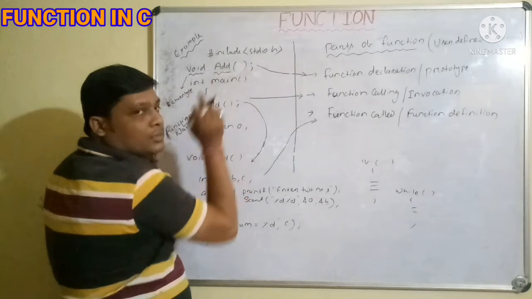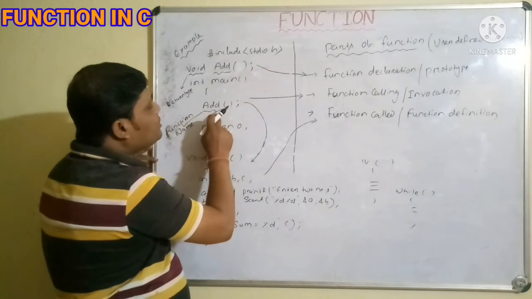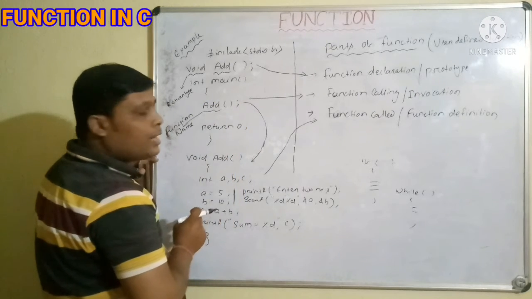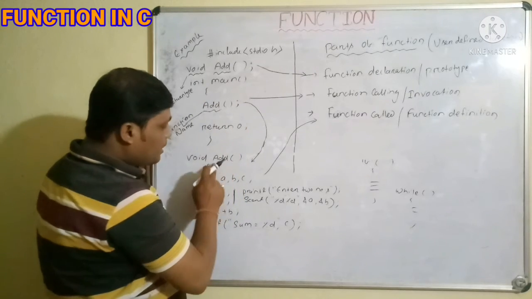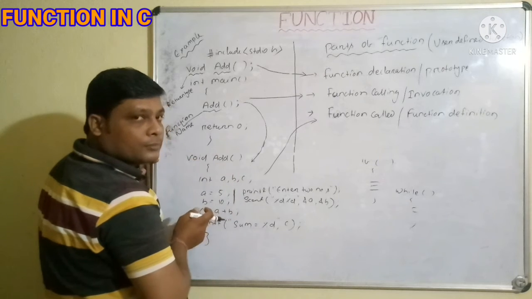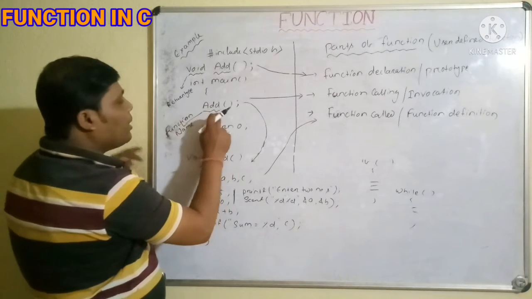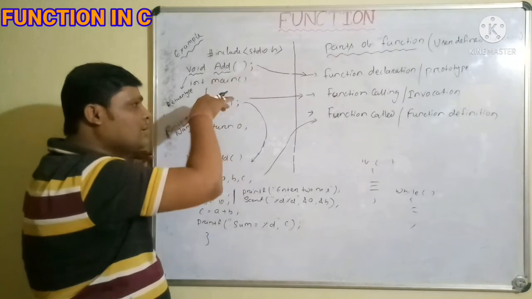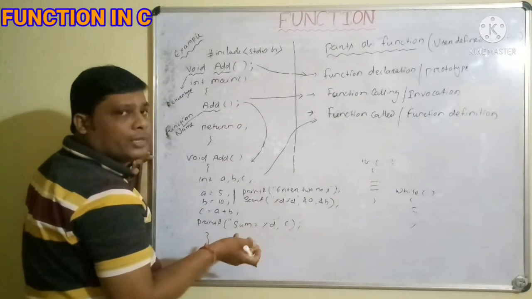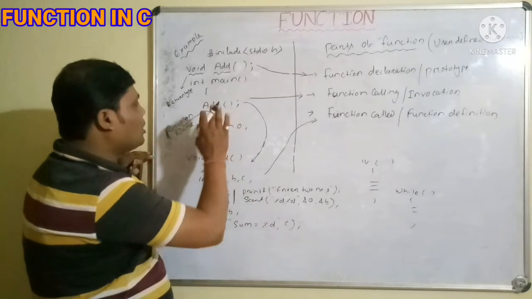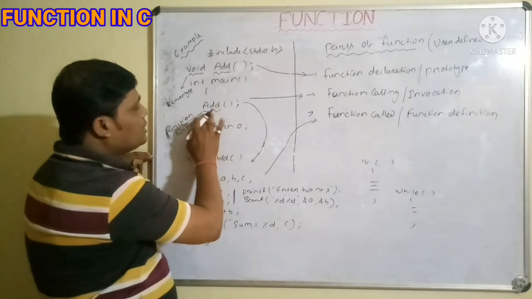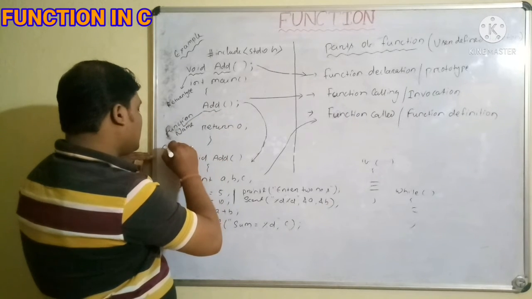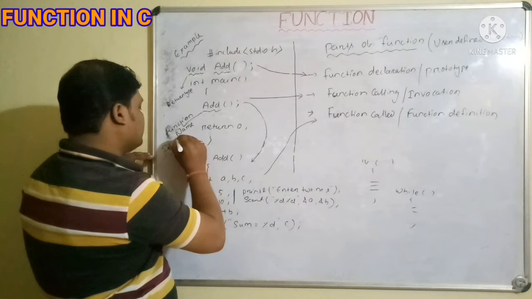So main is a function. Same as addition, this add is a function. With the name, there is an open parenthesis and close parenthesis. Clear? Inside that, some arguments may or may not be there. That is according to our requirement. But this is a function name. This is an identifier.